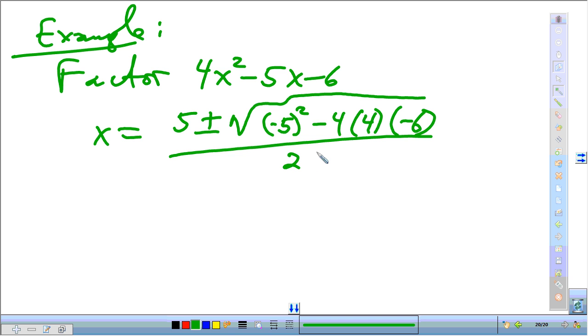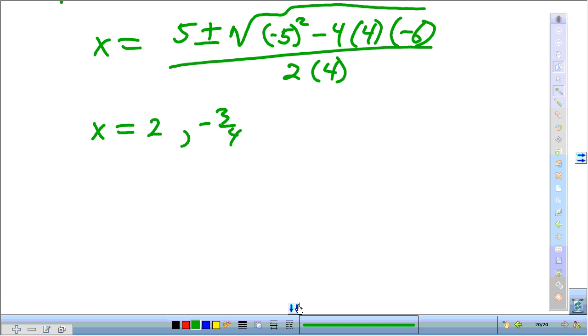Divide all this by 2 times the a, which is 4. And so after we simplify that expression with a plus and with a minus, we get the case of 2 for a root and minus 3/4 as the other.